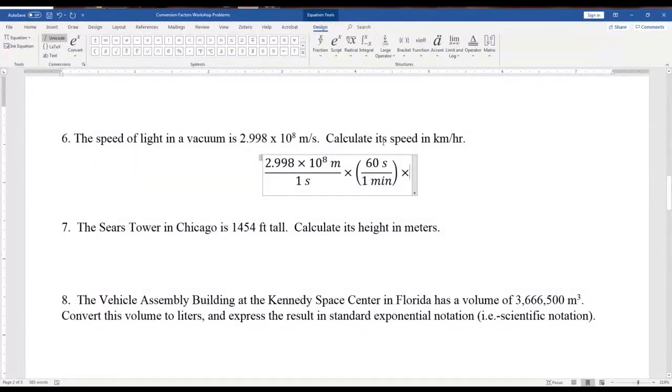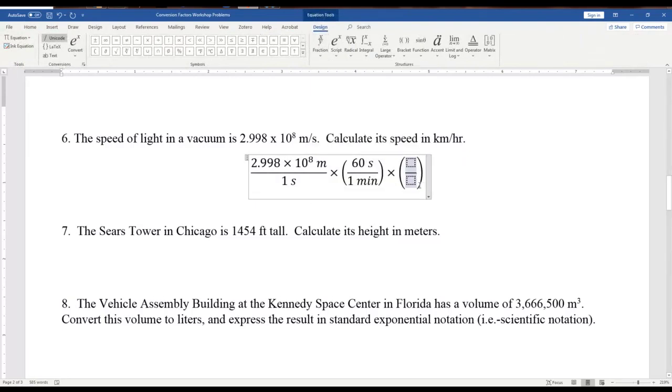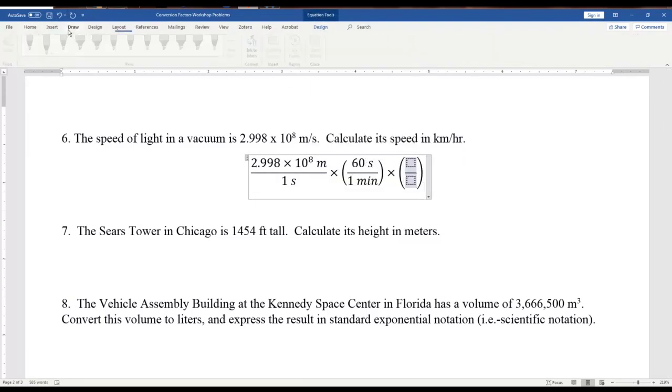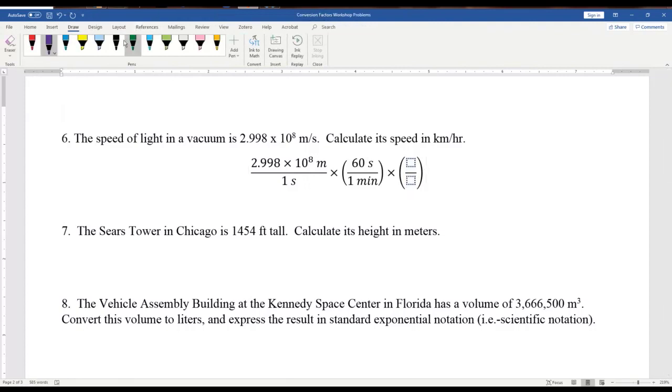Now, we haven't gotten the unit of time that we're looking for. We're looking for hours. So we actually have to do another conversion factor. Note that the seconds has canceled out, which means, what do I have to cancel out now? Minutes.